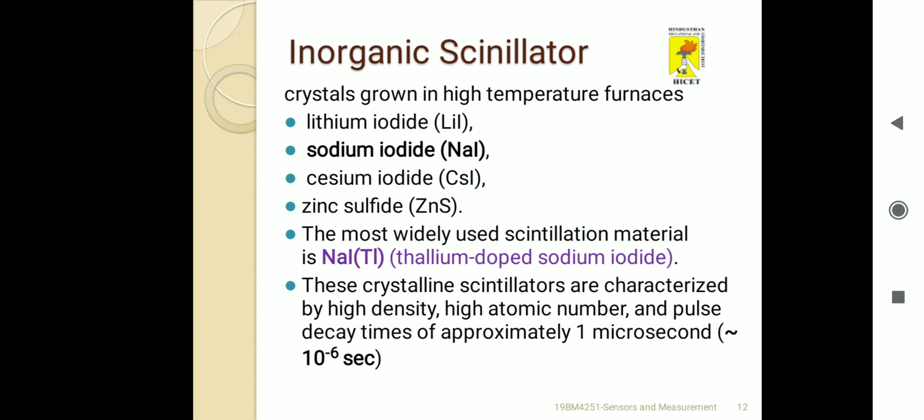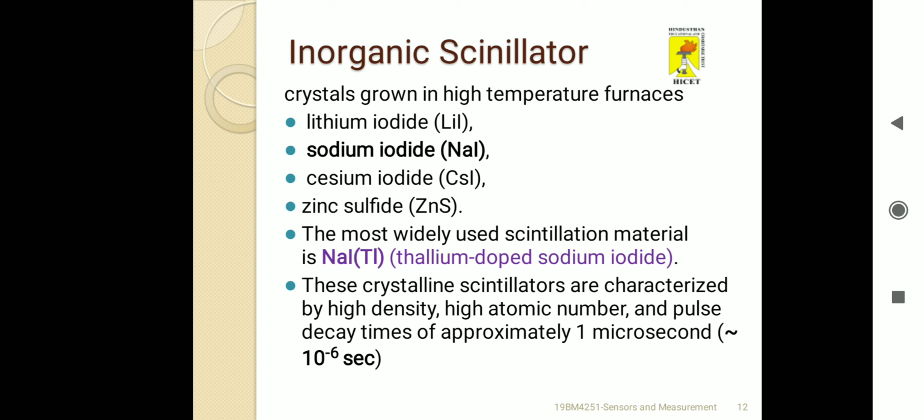Inorganic scintillators are crystals grown in high temperature furnaces, like lithium iodide, sodium iodide, cesium iodide and zinc sulfide. The most widely used scintillation material is thallium doped sodium iodide, which is specially used for gamma detectors.